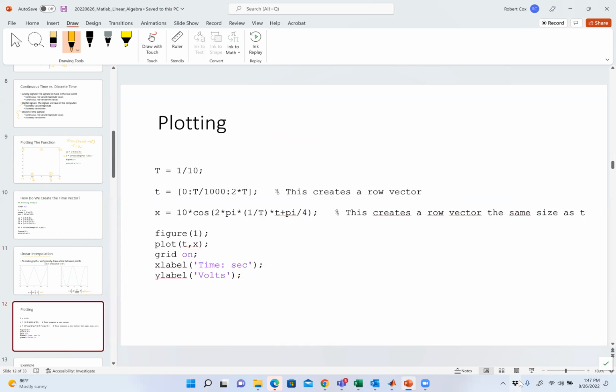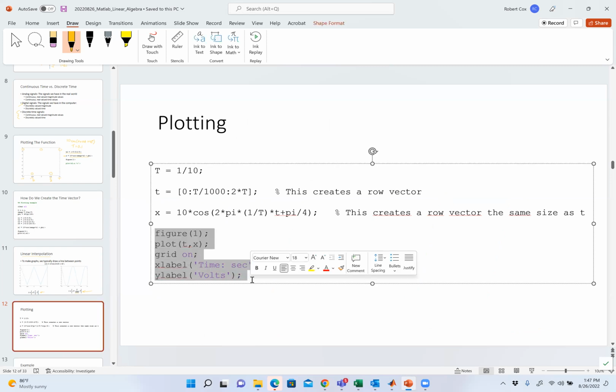So where I ended up last time is here's a piece of code that would work. In this case, I'm drawing a plot from 0 to 2 times t. And I'm saying, here's a function that I'm trying to plot, and here's a set of commands. Now, it goes over these commands specifically in chapter 3 of the book, and I point you to where to look for that.